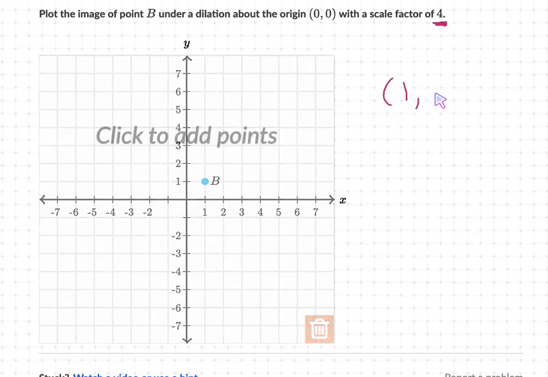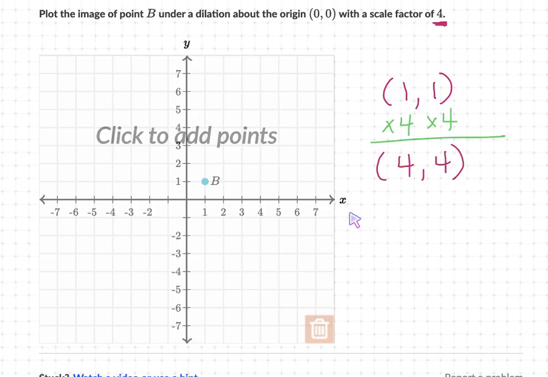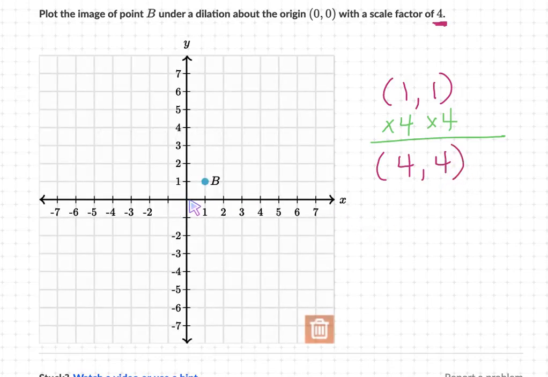Our point is (1, 1). So like I said before, we're going to multiply. It's a scale factor of 4, so we're going to multiply both of those by 4. So you're going to end up with (4, 4). And it is supposedly 4 times the distance away from the origin. So if we plot (4, 4) now, it'll end up right there.